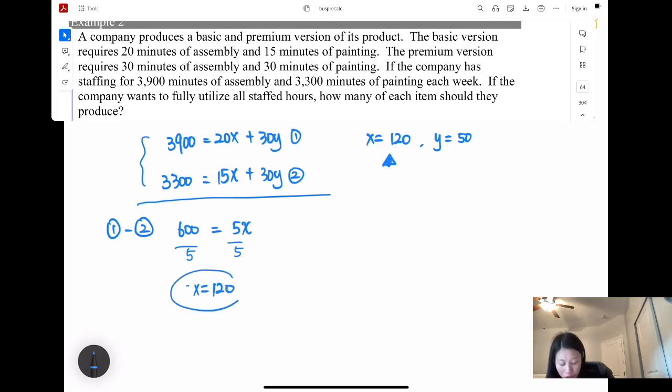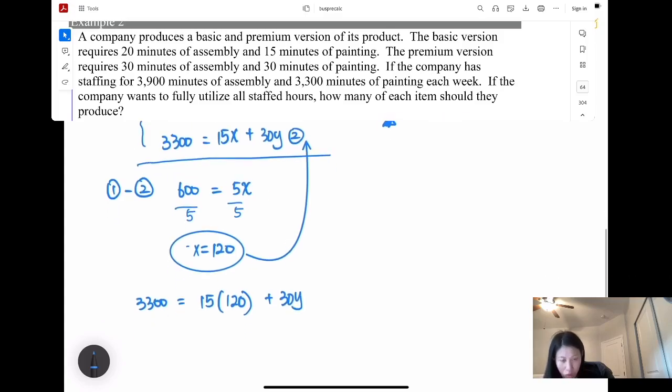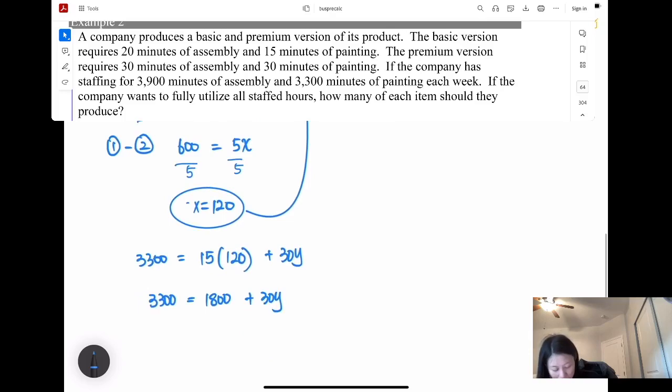And then after we find x, we still need to solve for y. Well, we substitute x equals 120 into either the first equation or the second equation. Either one works. In this one, I'm going to substitute into the second equation. So we've got 3,000 equals 1,800 plus 13y, and then we subtract 1,800 on both sides, so we get rid of 1,800.